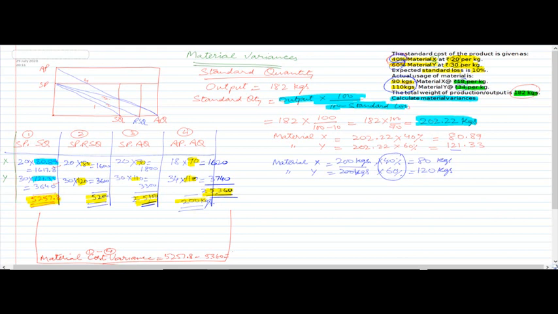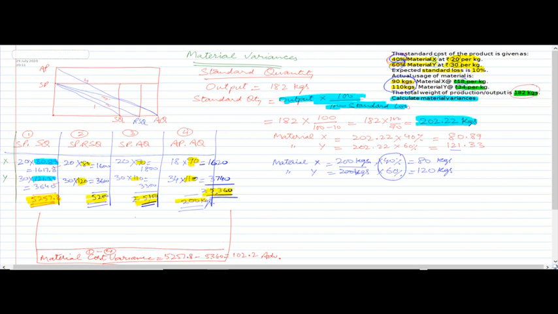It is equal to 102.2 adverse. If answer is negative, we shall mark it adverse variance.